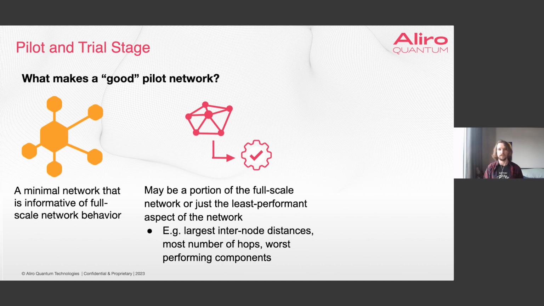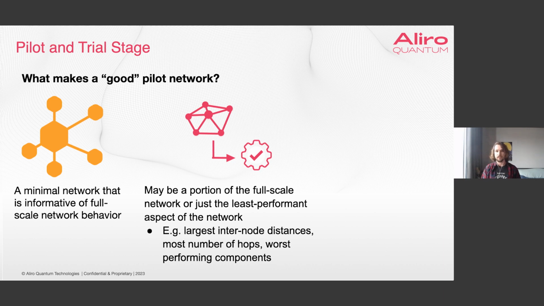Now, one additional benefit from implementing a portion of your full-scale network as your pilot network is that in doing so, you're actually also making progress towards your full-scale deployment. And so the pilot network will already be reflective of some of that behavior in the full-scale network. However, if this path is taken, then we also need to be aware of whether or not that portion that we want to deploy is actually reflective of these least performant aspects.